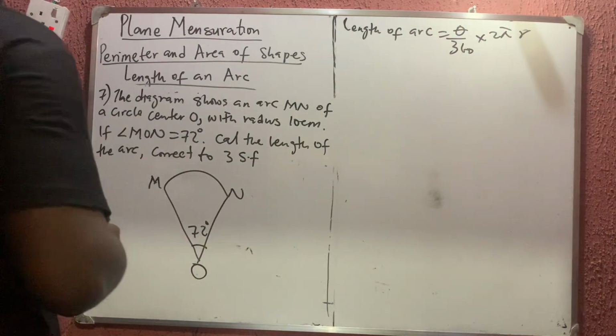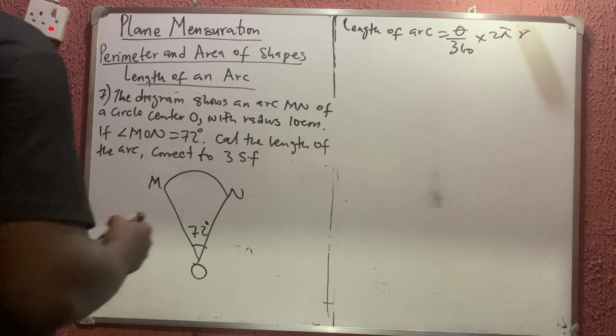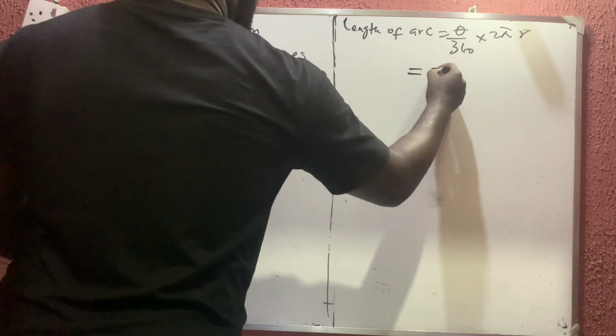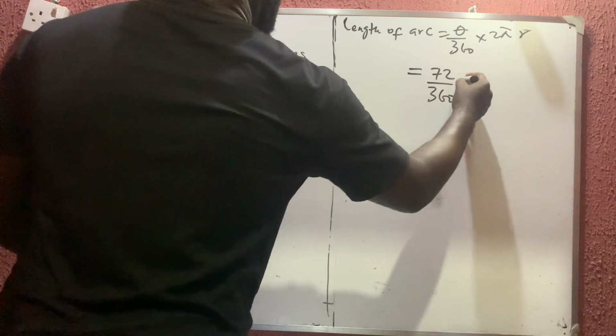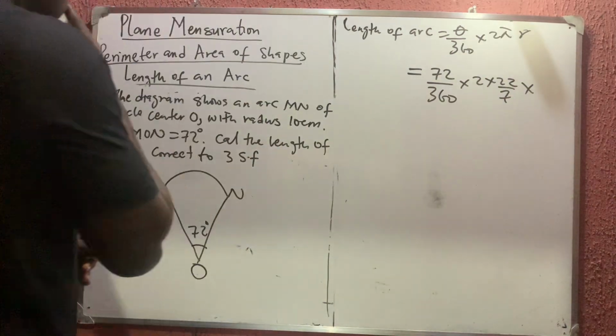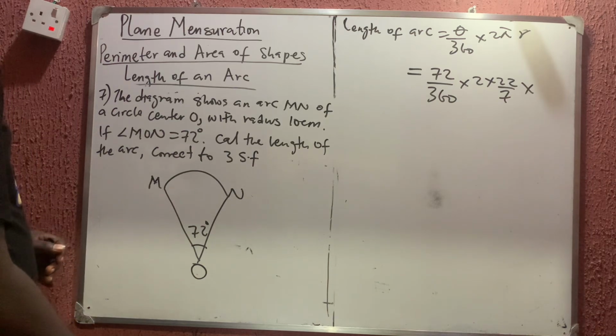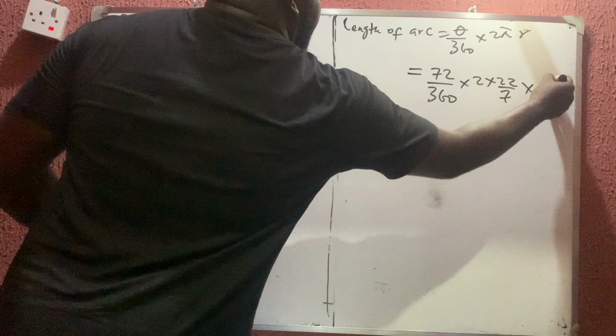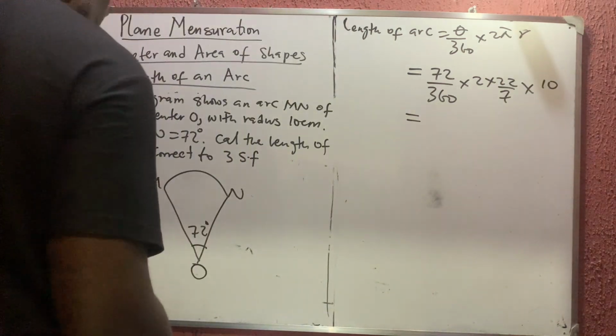The length of the arc, did they give it to us? No, that's what they say we should calculate. So this is 72 over 360 times 2 times 22 over 7, then times my radius. Radius is 10.